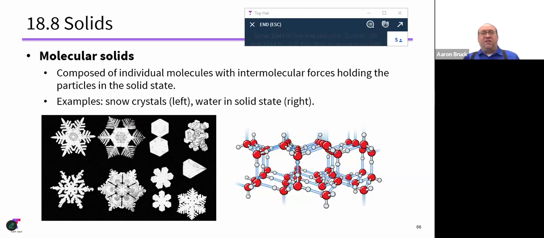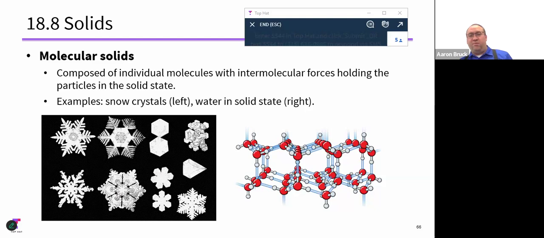Now, when we start discussing the different kinds of crystalline solids, we want to know that there are some subcategories and distinctions among them. For example, molecular solids. Molecular solids exist when the thing that is repeating is a molecule.